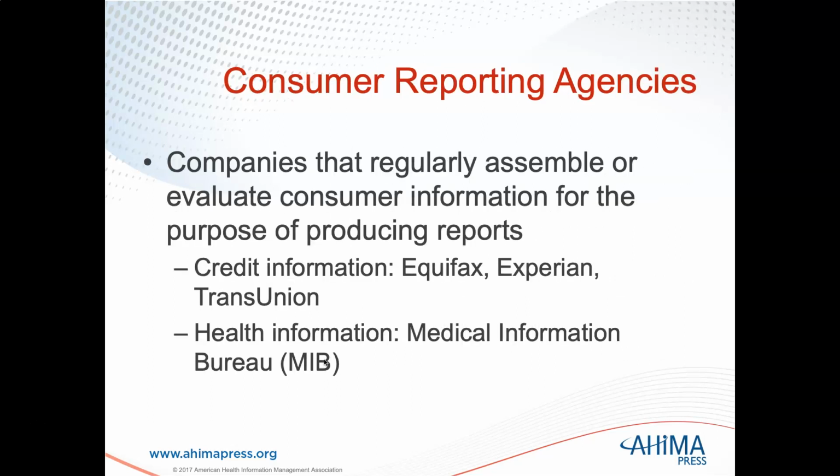Consumer reporting agencies. These are companies that regularly assemble or evaluate consumer information for the purpose of producing reports. So an example they give us are the credit information and then health information.